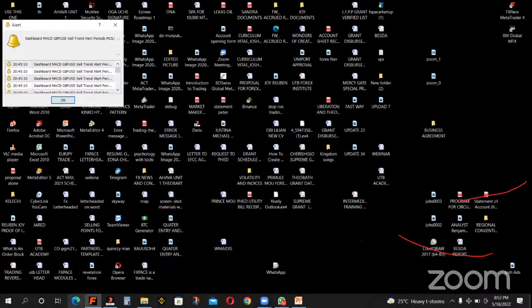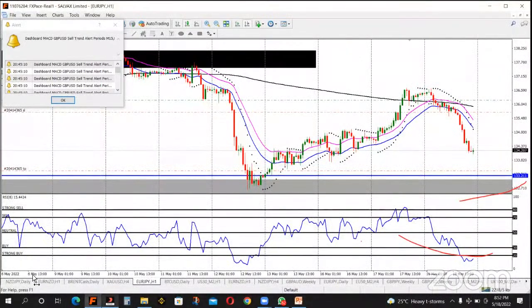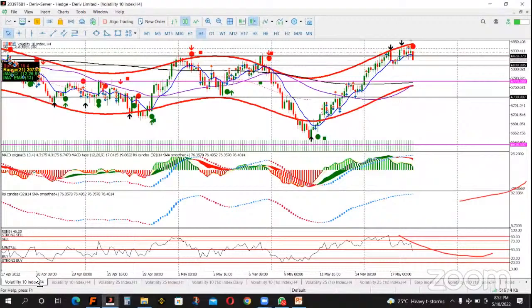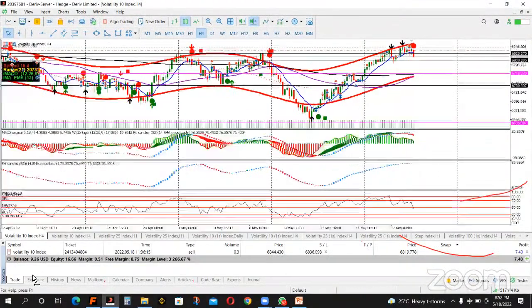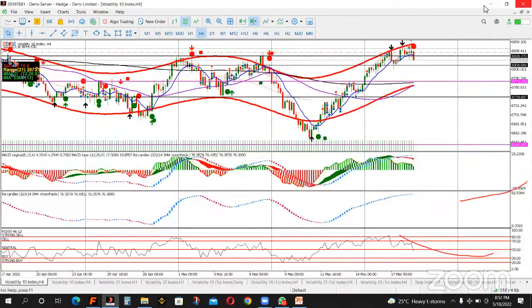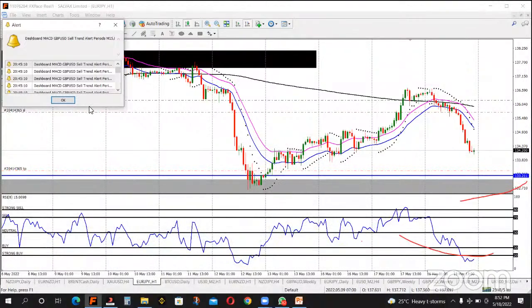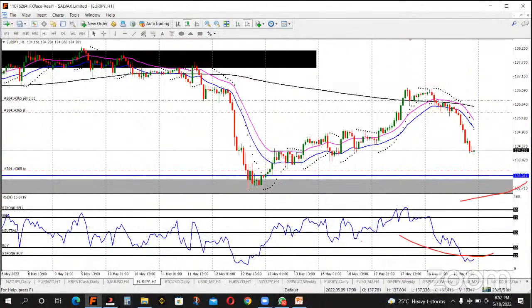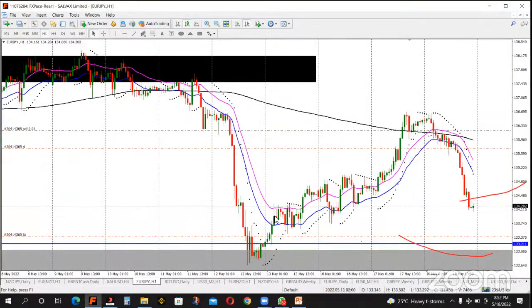Let me get my chart. This is the one. Okay, all right, so we are on our chart now. Let me remove this so that we'll have a bigger screen to see. Please, somebody confirm you can see my chart. I can see, sir.